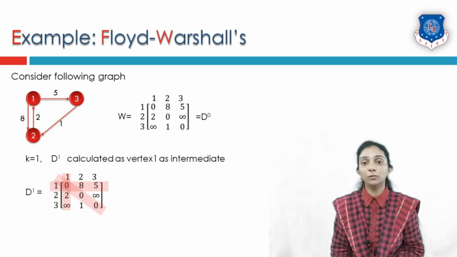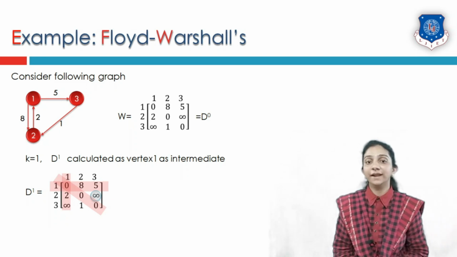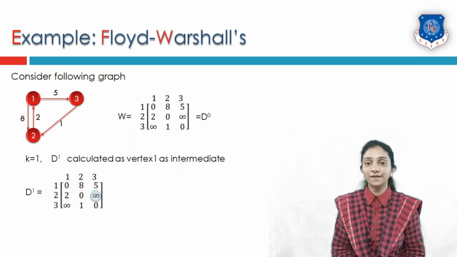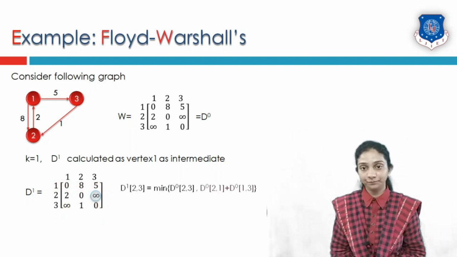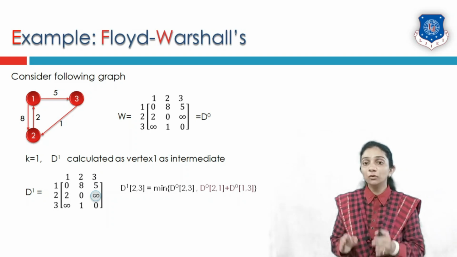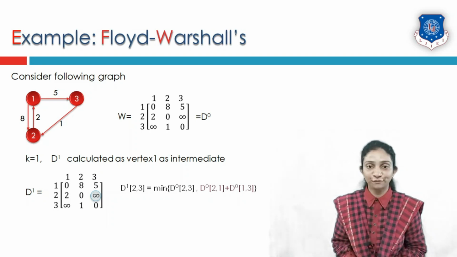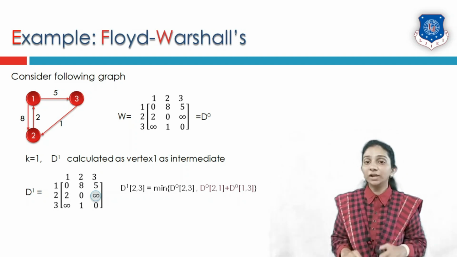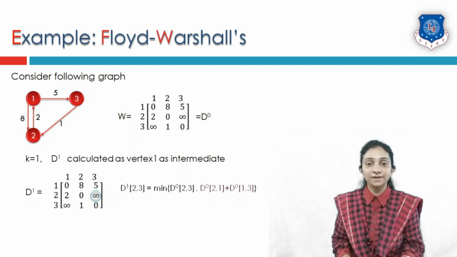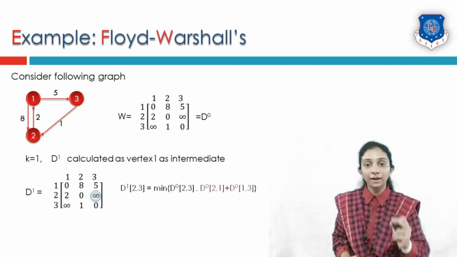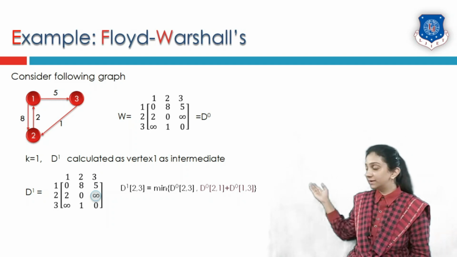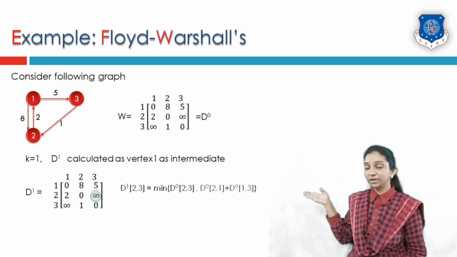Let us start with the first cell, that is cell 2, 3, in row 2 and column 3. For this cell, we can choose the minimum of the previous value, which is the cell at 2, 3 only, and the new value we can consider, which is from 2 to 1 and 1 to 3. The path is given inside the expression itself.